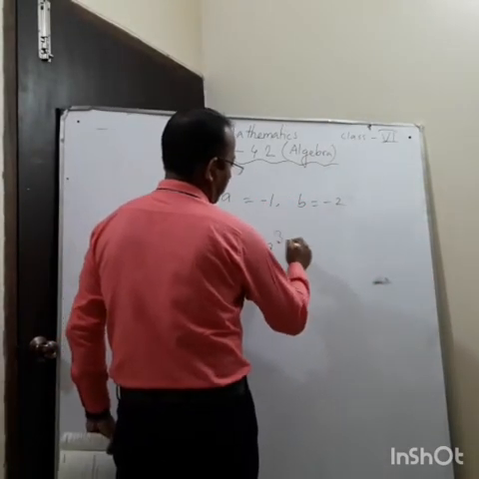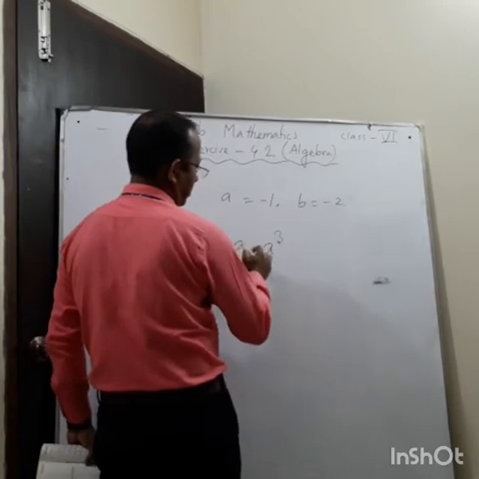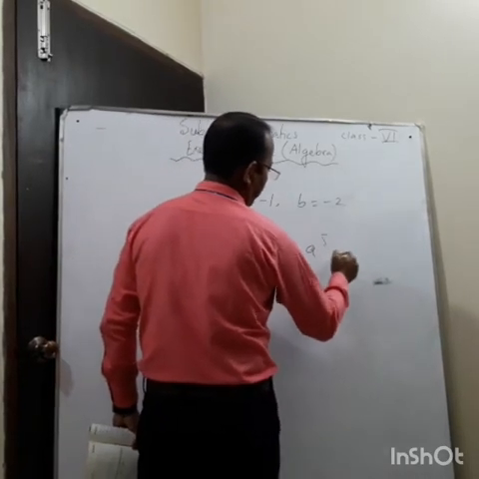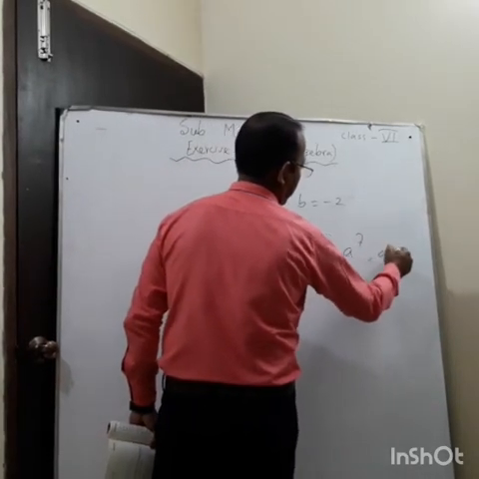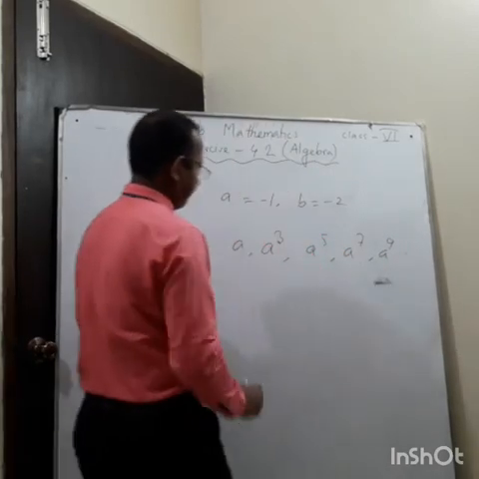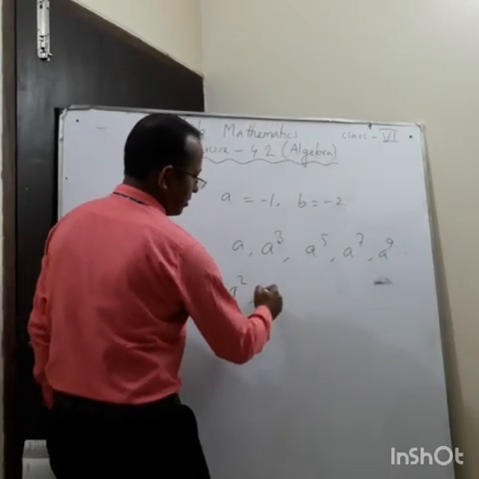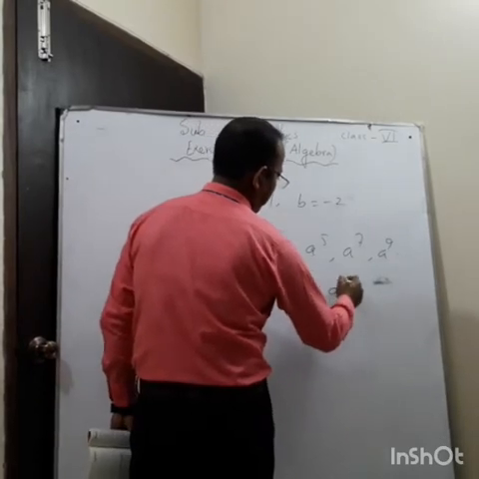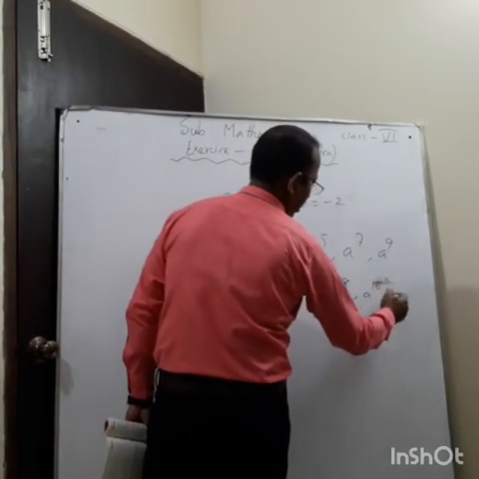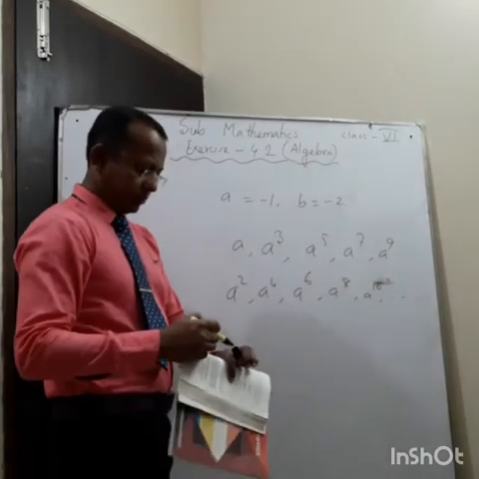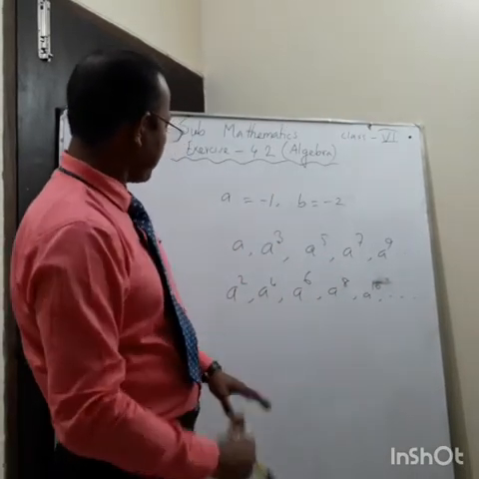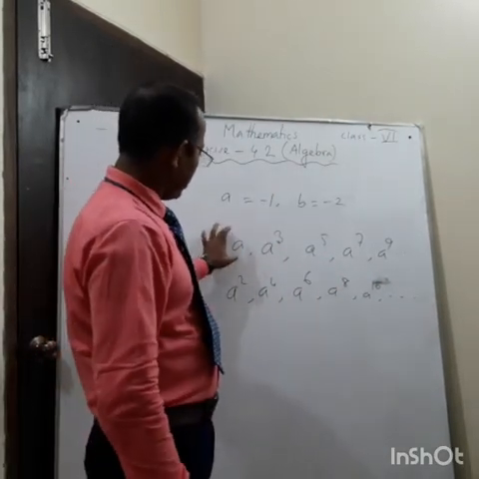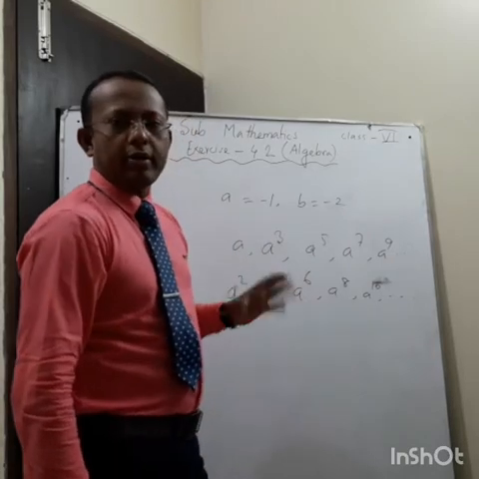I mean, here a cube, a to the power 5, a to the power 7, a to the power 9, and so on. A square, a to the power 4, a to the power 6, a to the power 8, a to the power 10, and so on. I want to say a to the power 1 and a, these are similar.